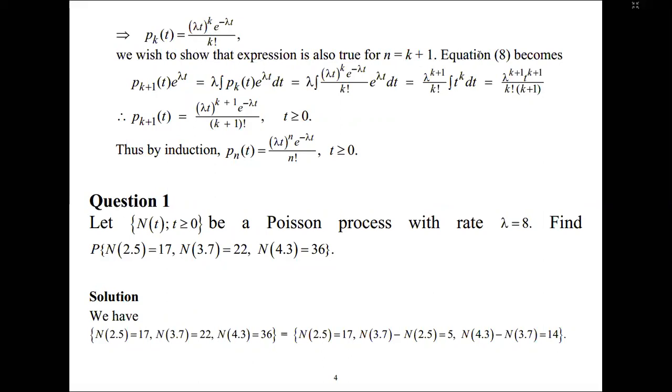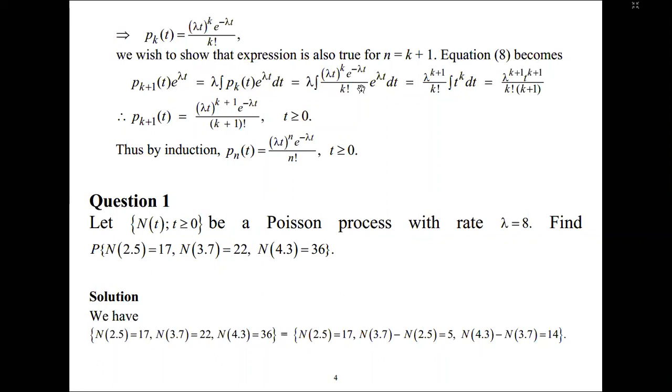Okay, so equation 8 can be expressed in this form. If it's true for k plus 1, we can express it in this form, for which we can write this expression in the form of this.